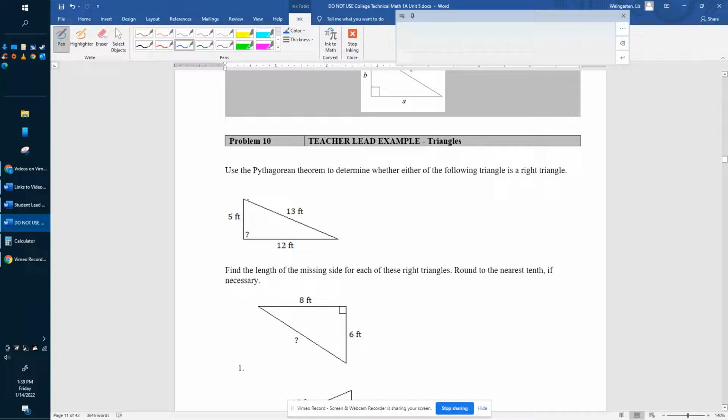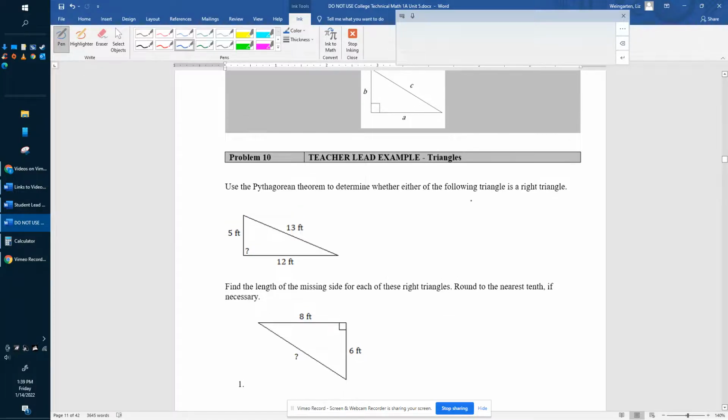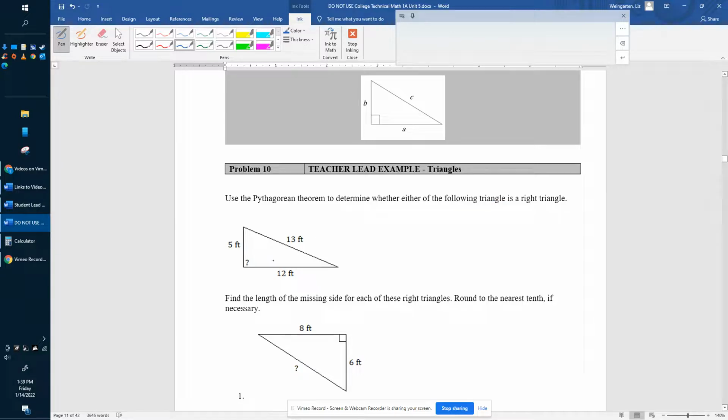So we are going to use the Pythagorean theorem to determine whether this triangle is a right triangle. It looks like it could be, but it doesn't have that square there, so we don't know for sure. So we're going to square the two shorter sides and see if they equal the square of the longer side.